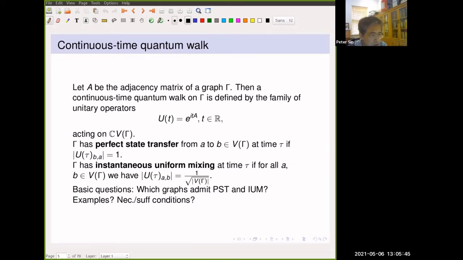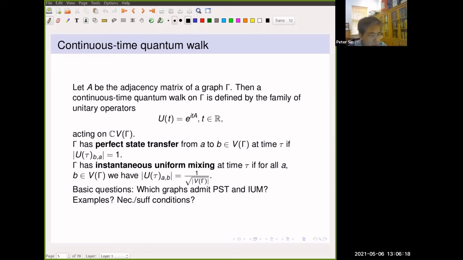The other thing that we're interested in, which is one of the main themes of this workshop, is instantaneous uniform mixing. So gamma has instantaneous uniform mixing at time tau if, for all A and B in the vertices, the unitary matrix U(t) at time tau has all its entries with the same absolute value, which has to be 1 over the square root of the number of vertices.